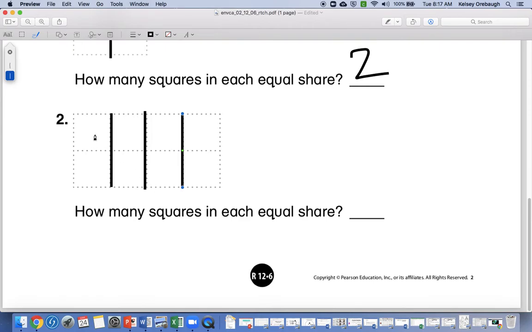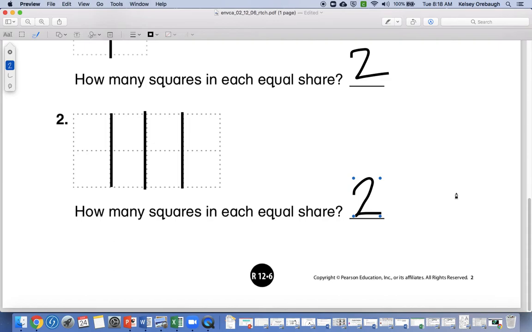Not 4 this time. This time we have 4 columns, but in each column there are 1, 2 squares. 1, 2, 1, 2, 1, 2, 1, 2. So if we were to draw it that way, we would have 2 squares in each equal share.